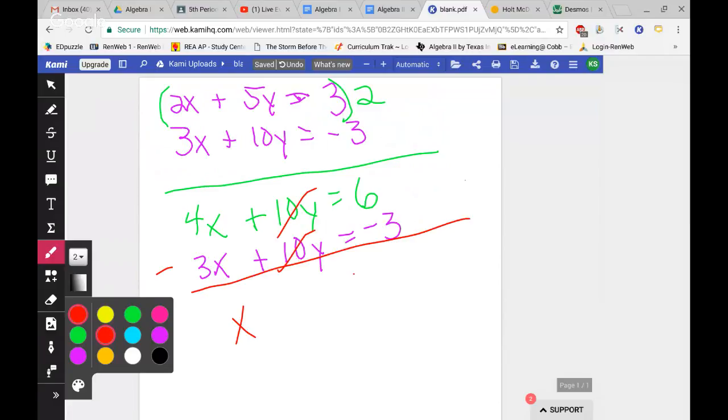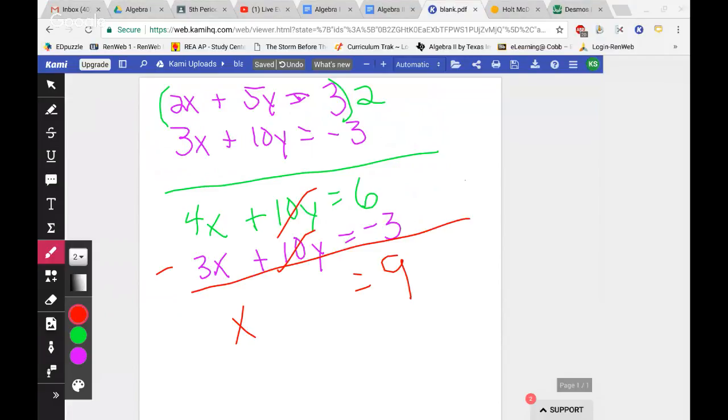Exactly. X equals 9 because 6 minus a minus 3 is 9. Good job, Campbell. All right. So now what we're going to do is take that 9 and substitute it back in. Have you already worked ahead of me and you know the answer? I'm going to see if you already know the answer.